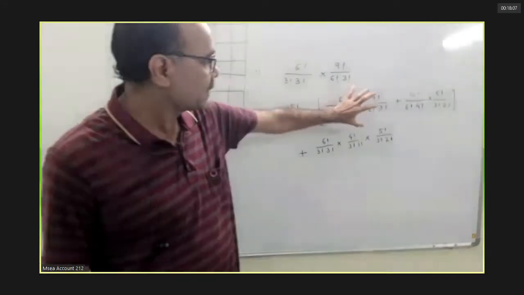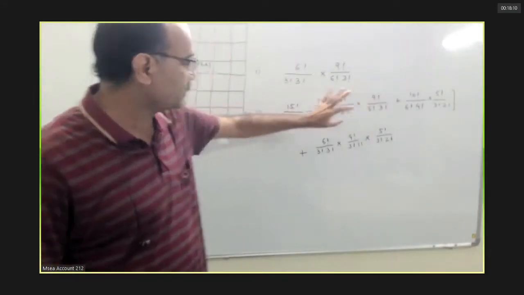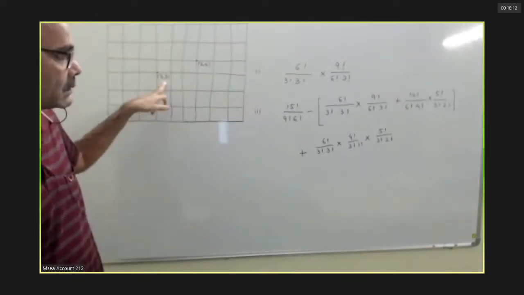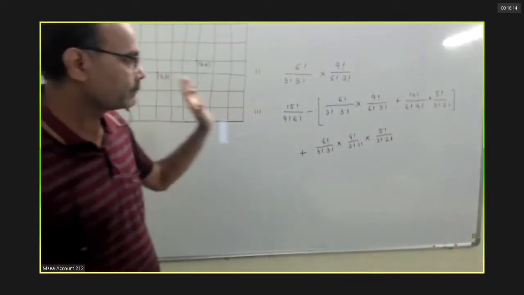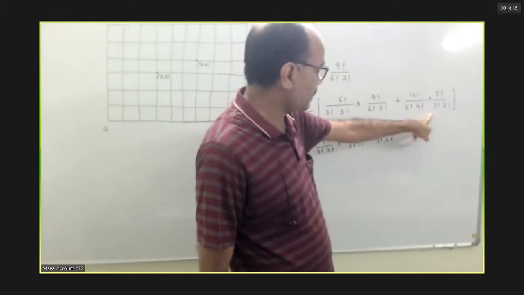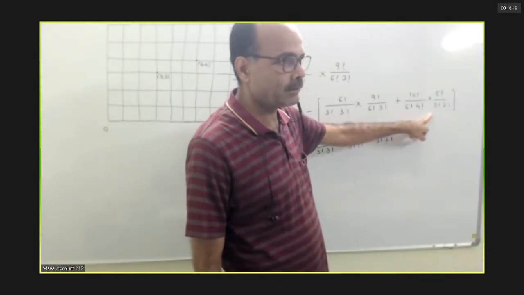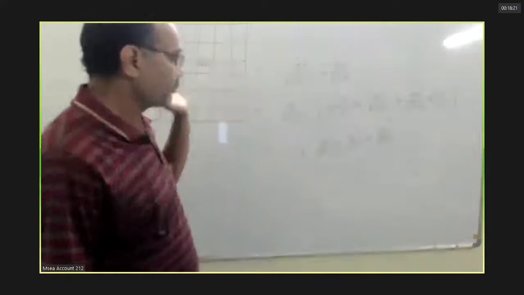Minus these are total number of paths to reach 9,6 via 3,3. These are total number of paths to reach 9,6 via 6,4.